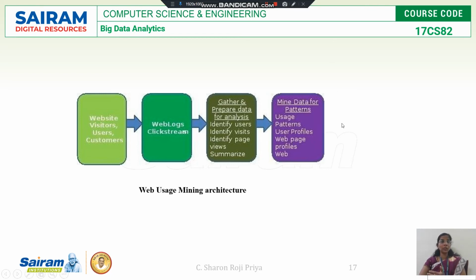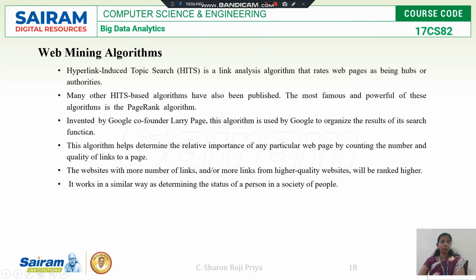Next, we have to identify the users, identify the visits, identify the page views, and you can summarize it. At last, you can mine the data for patterns. Right, the summarized data can be mined to get the patterns. This is all about your web usage mining architecture.